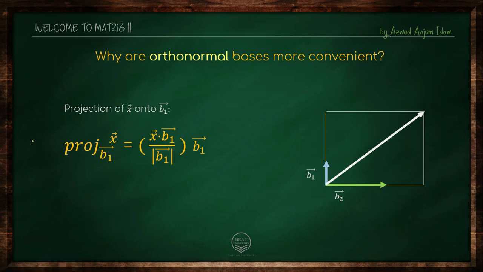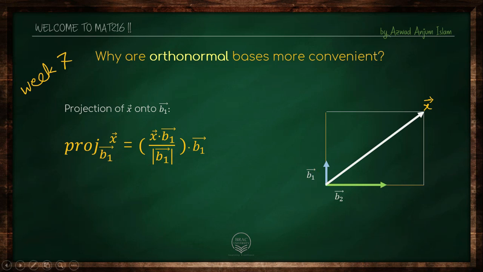I hope you remember this formula, you have already seen this in week 7. So I'm not going to go into the details of the formula. So the projection of x, let's call this vector x, onto b1 is going to be x dot b1 divided by the length of b1 into the vector b1 itself.